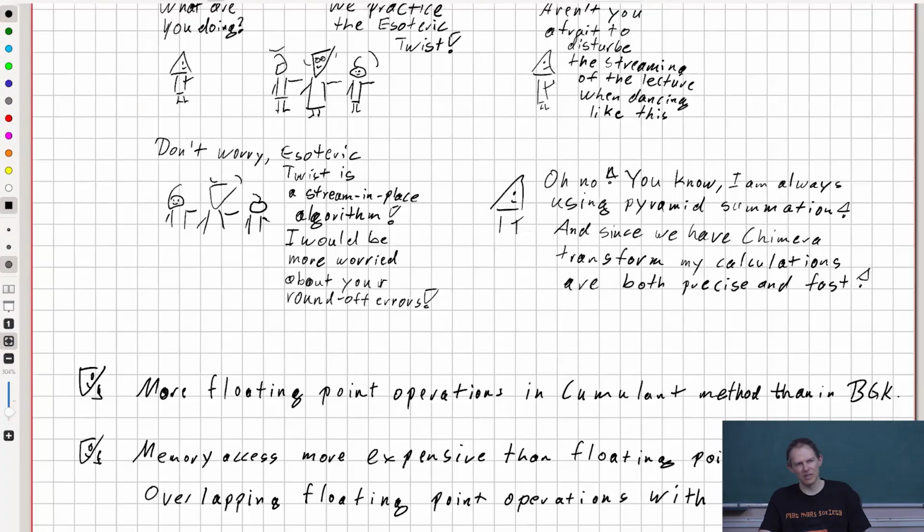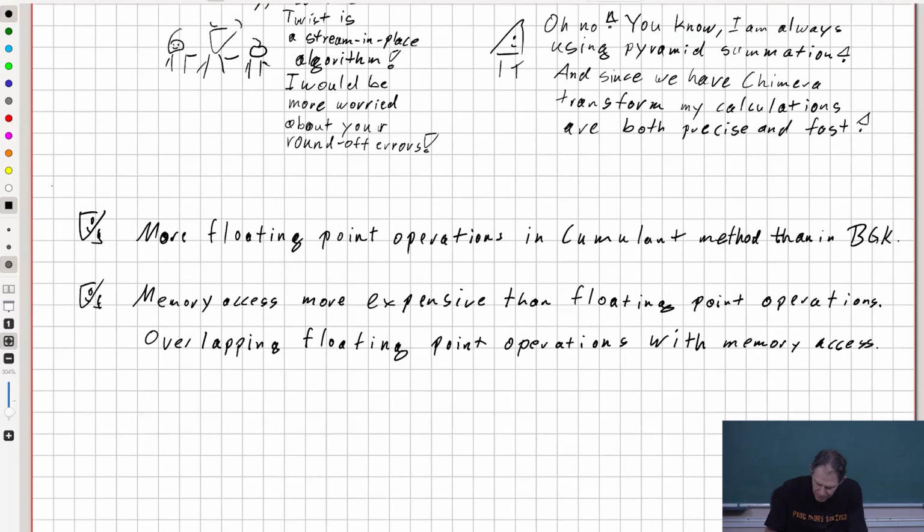So usually we distinguish between compute-bound algorithms and bandwidth-bound algorithms, depending on whether the memory access is the more expensive part of the algorithm or the computing is the more expensive part. And LBM usually is memory bound, or bandwidth bound.